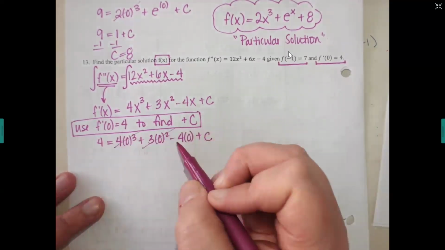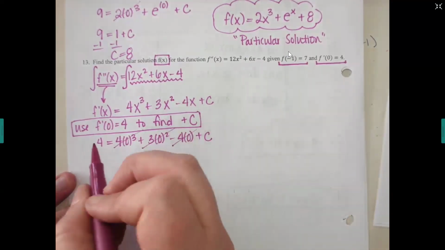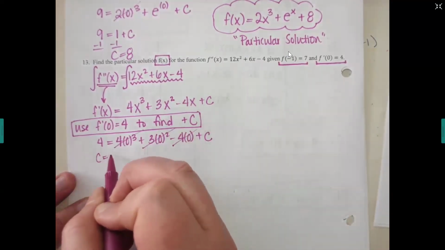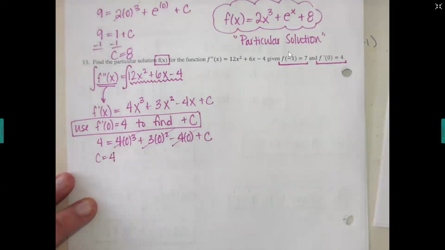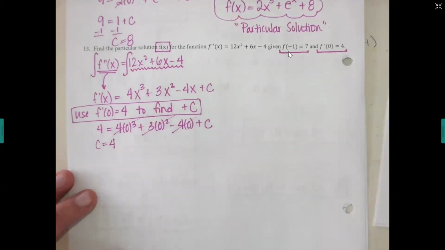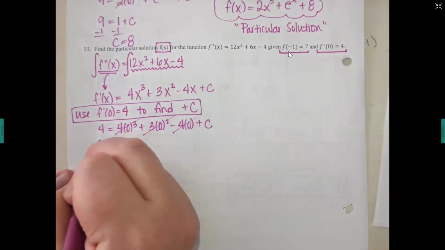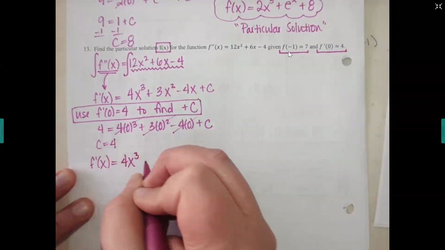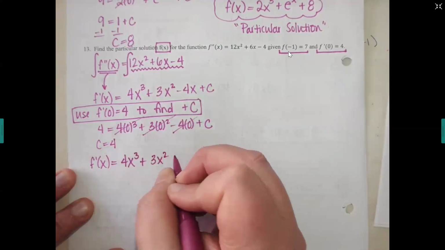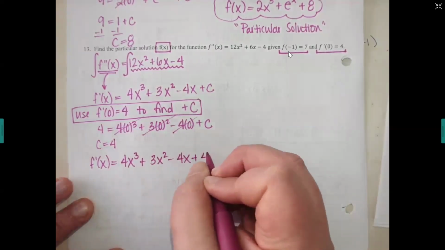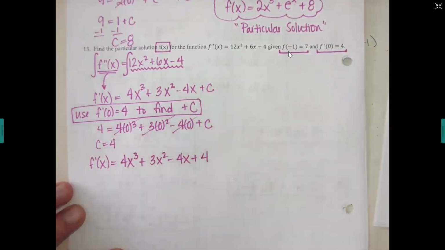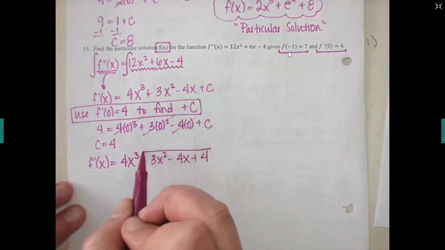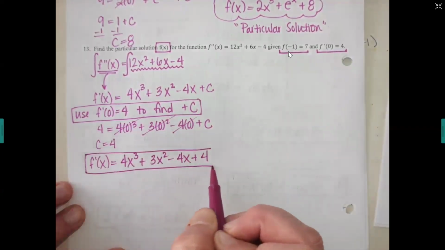What will our value of c be? c will just be 4, which means that my f prime of x will be 4x cubed plus 3x squared minus 4x plus 4. Now, that's f prime, but I want to go all the way back to what?